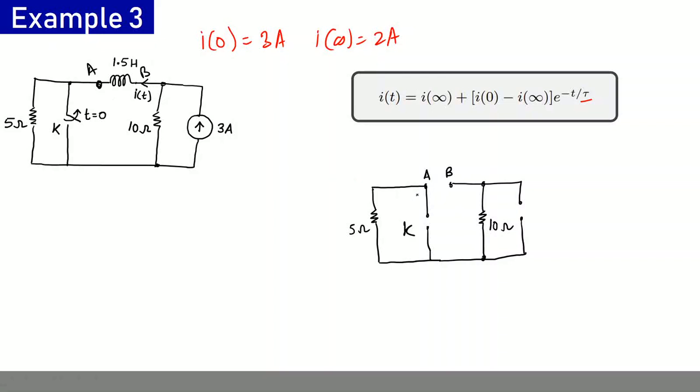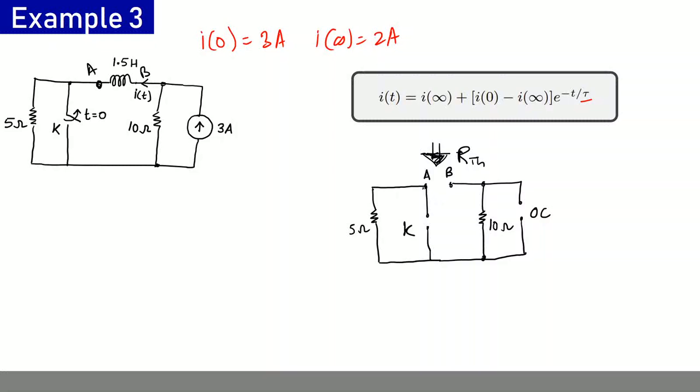So these are the load terminals, and I have deactivated the circuit. So this circuit only had a current source. To deactivate the current source, I have replaced it with an open circuit.